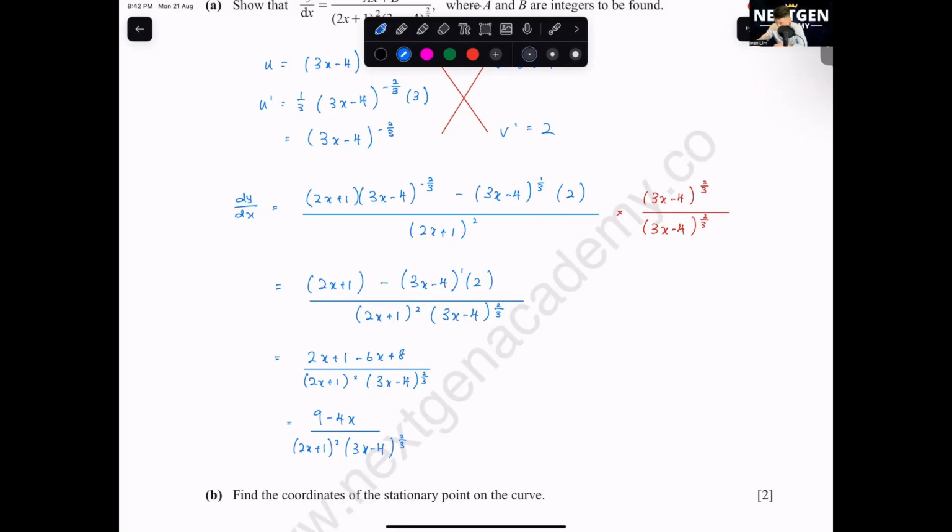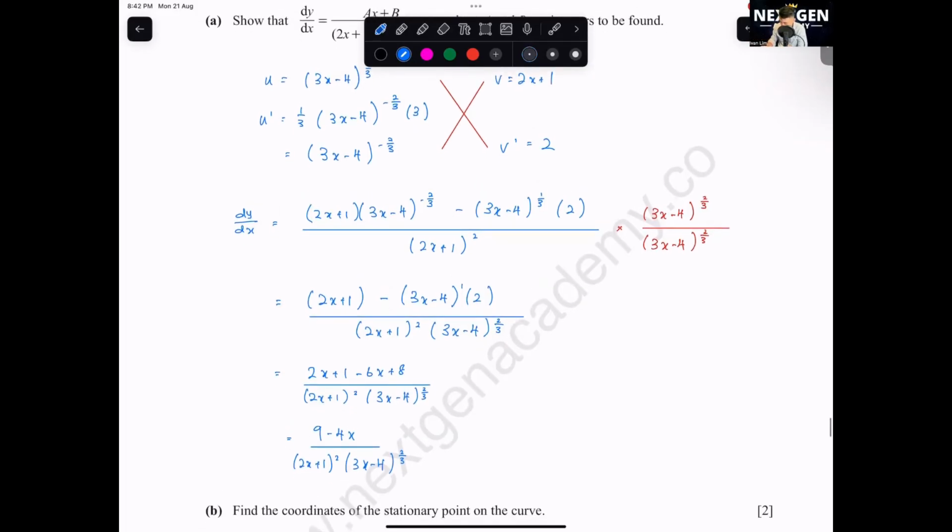You got a is negative 4. Oh yeah, sorry, we put it in that form nicer. Negative 4x plus 9.